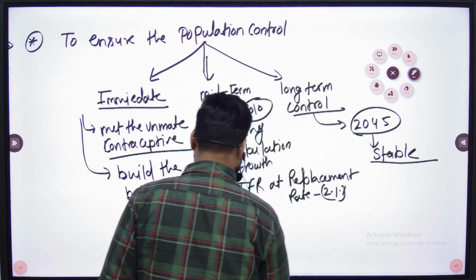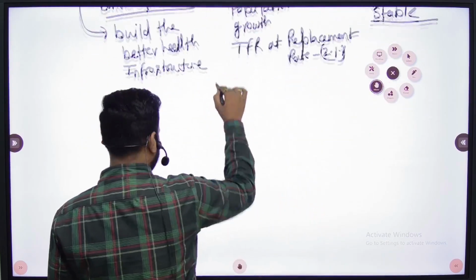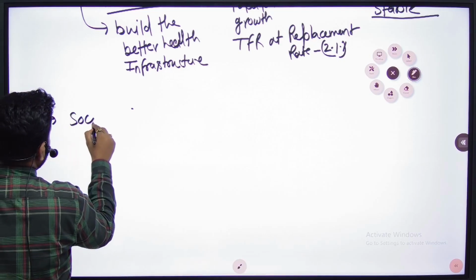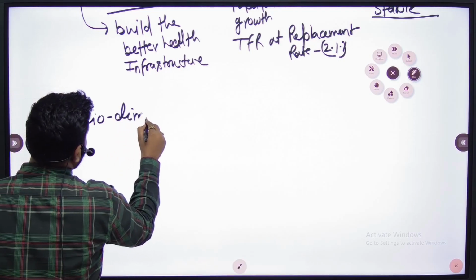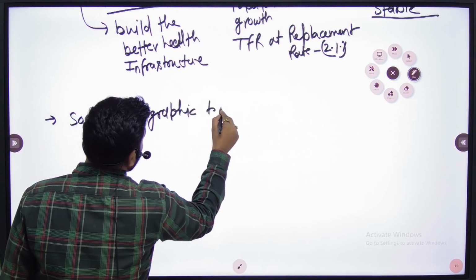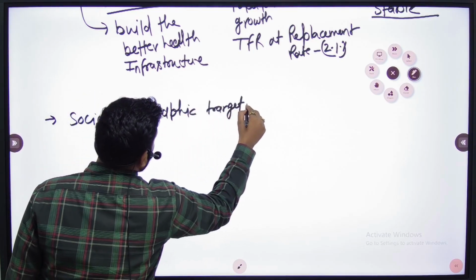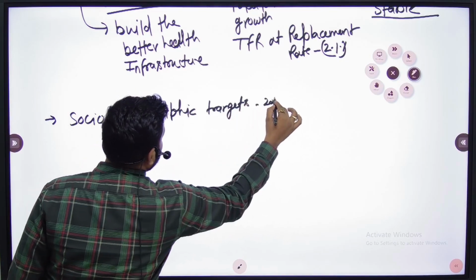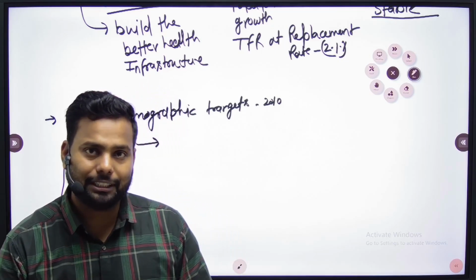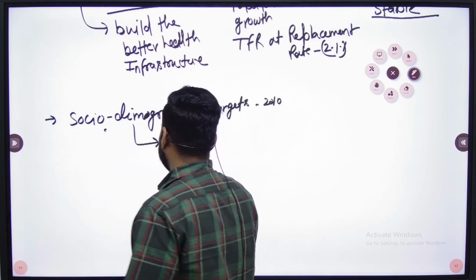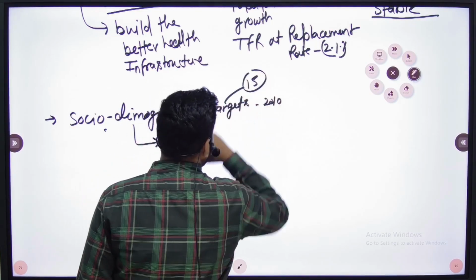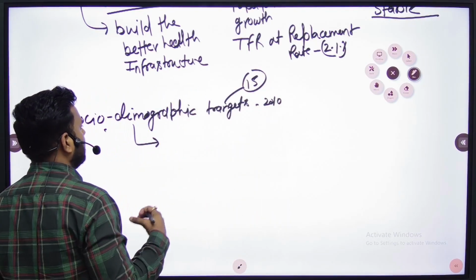Now, after that you mention in this question the socio-demographic targets for 2010. What are the socio-demographic targets of 2010? There are almost 15 points of socio-demographic targets.